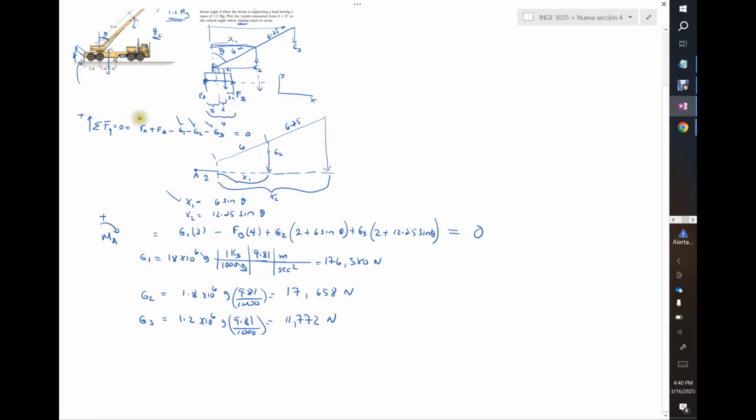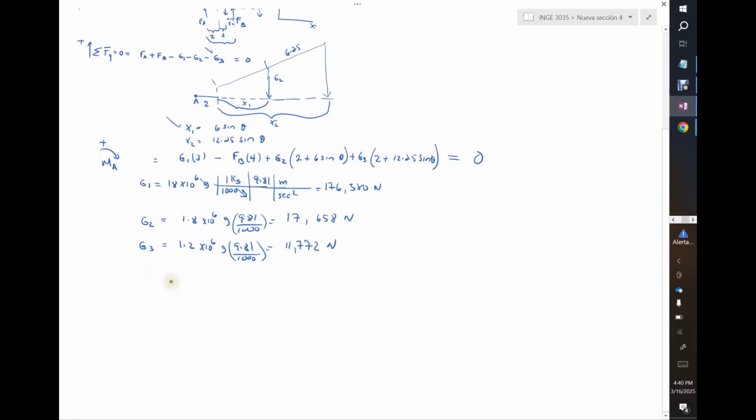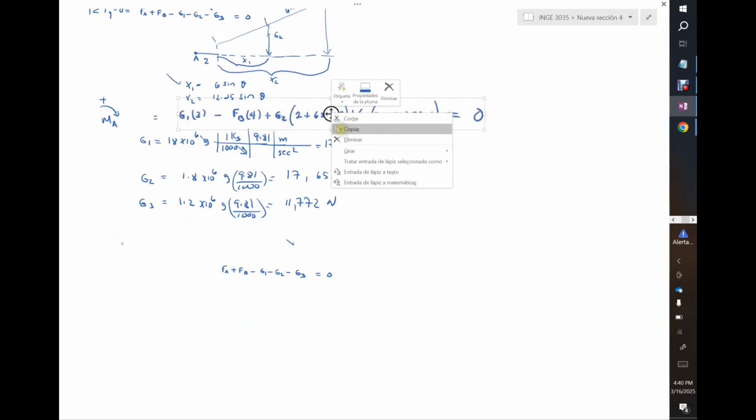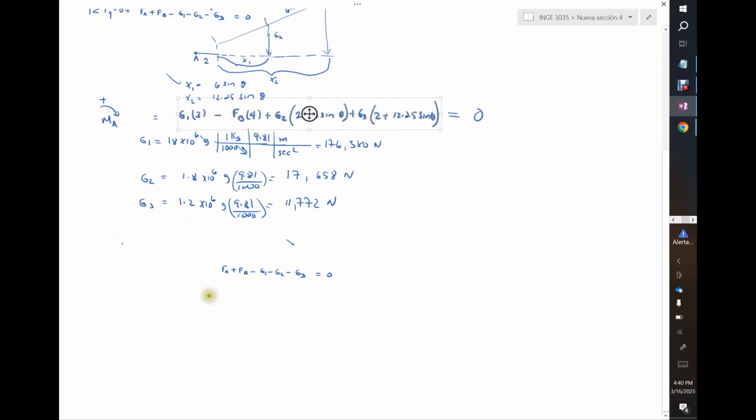Let's copy this equation, and let's copy the moment equation, which is this one here, and paste them here.